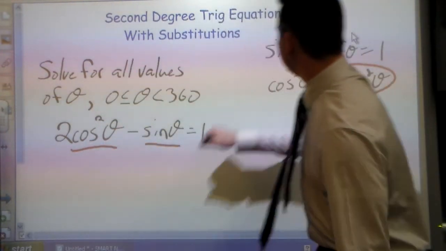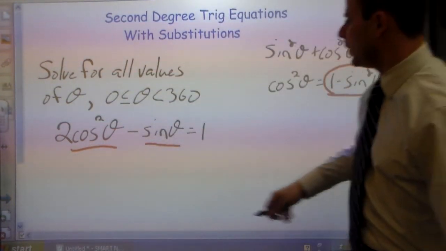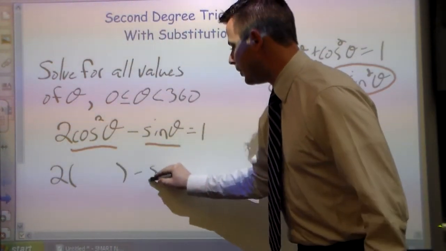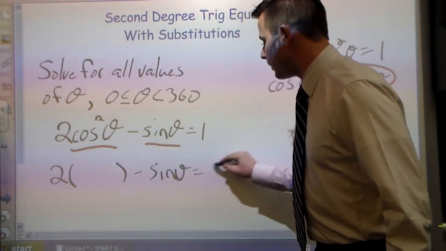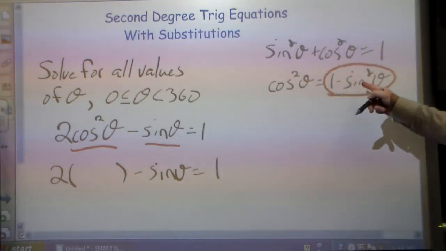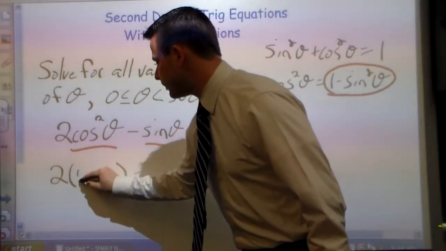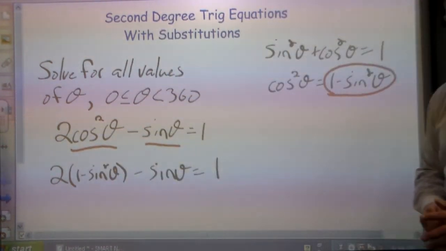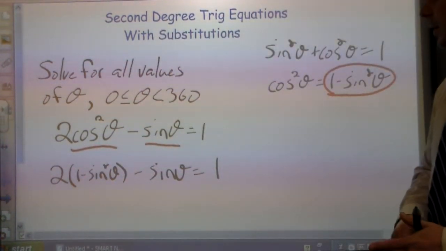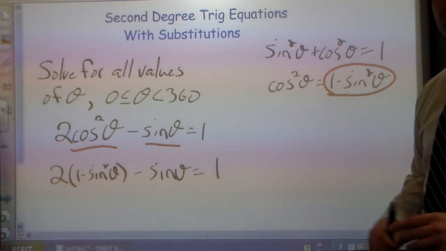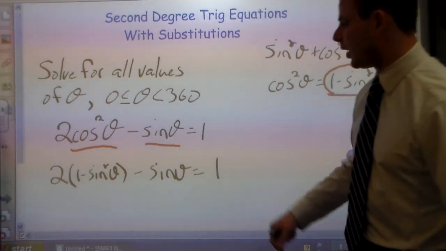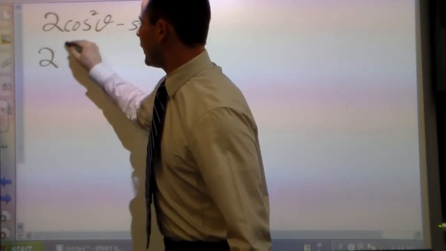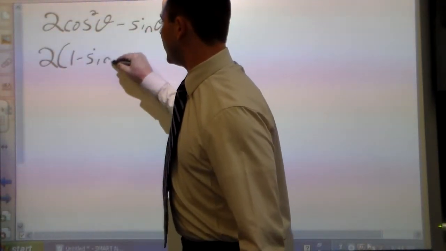I can express this equation as 2 times whatever cosine squared is equal to, minus sine equals 1. We already found out that cosine squared is 1 minus sine squared. And there's my substitution. Now I'm going to solve this the same way I did with regular second-degree trig equations. So let's move forward with this. We said that cosine squared is 1 minus sine squared.